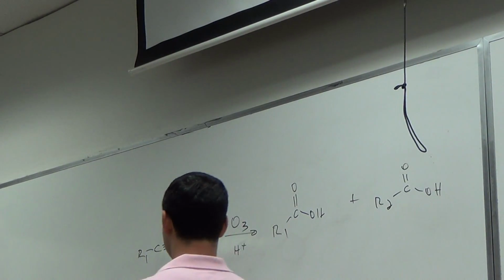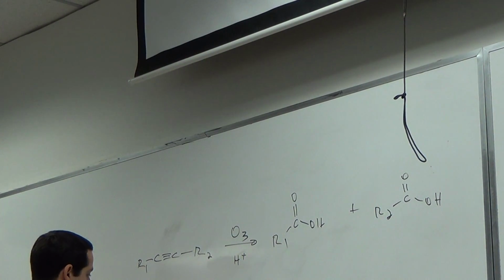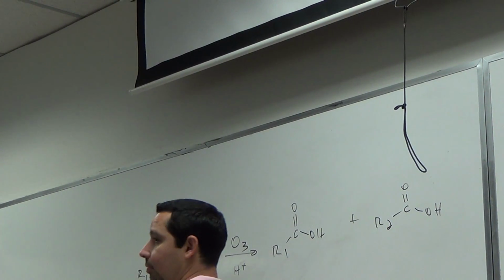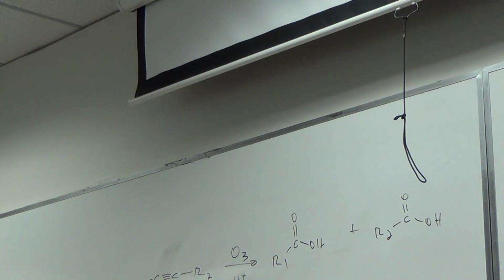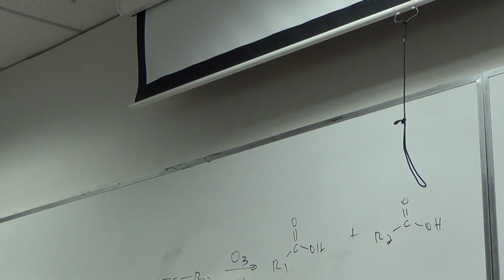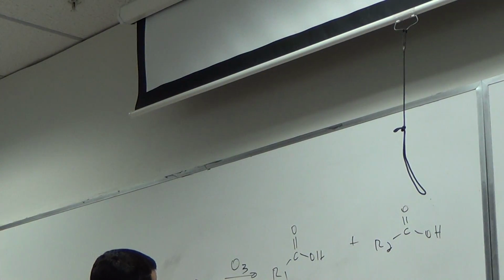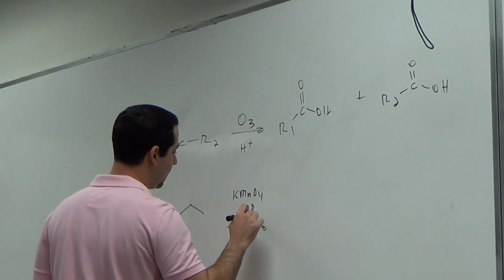How else can I make another carboxylic acid? I can have something like this, and I can treat it with KMnO4. What else? Sodium dichromate, and chromic acid, yes? So KMnO4 or chromic acid, okay?